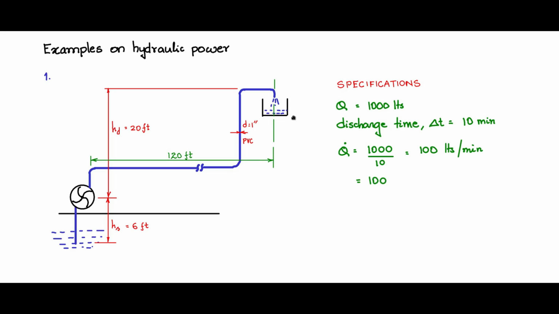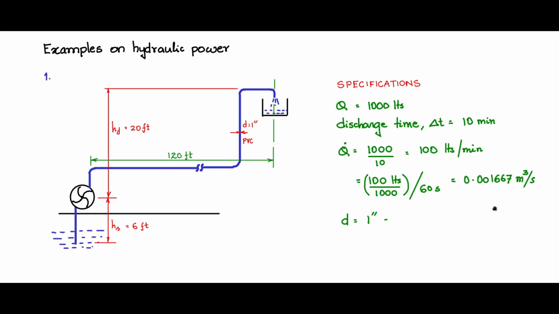Now if you want to convert it into meter cube per second, you have 100 liters by 1000 to convert it into meter cube, by 60 seconds. So you'll have 0.001667 meter cube per second. So you have the discharge rate in meter cube per second.